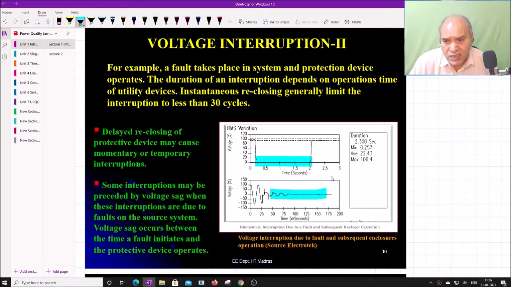This may be caused because of delayed re-closing of the protective devices, and or because of faults in the system. These may also be preceded by a voltage sag when these interruptions are due to faults on the source systems.